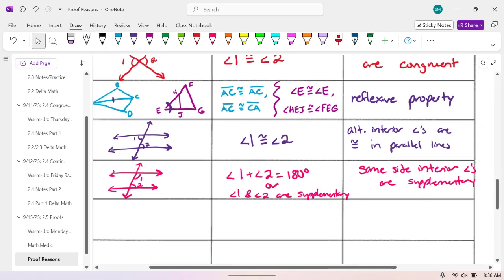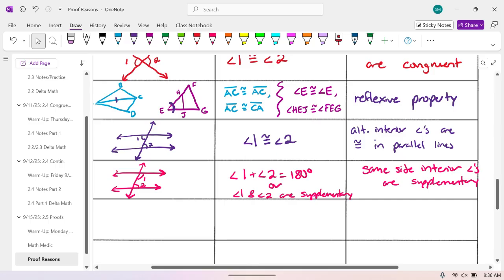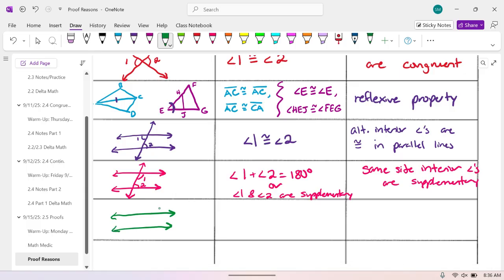All right. One more set of parallel lines. Let's say this is angle 1, this is angle 2. What statement could I make about those two angles?